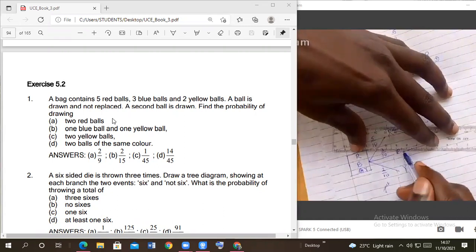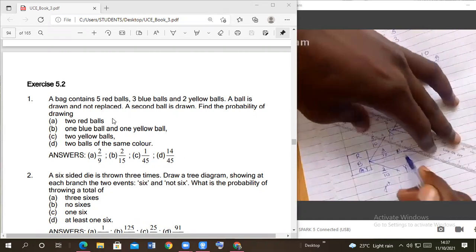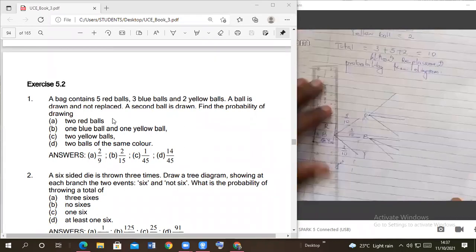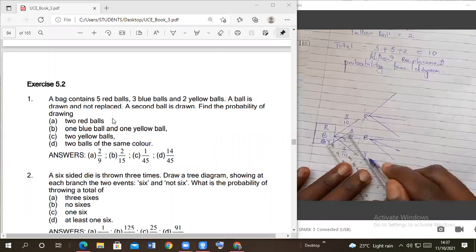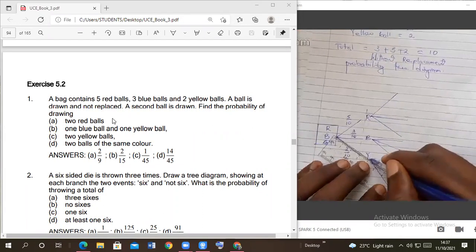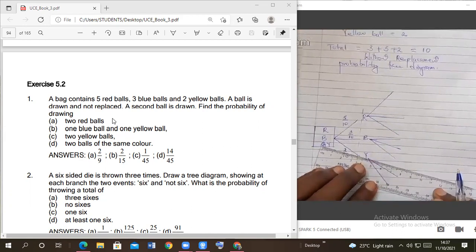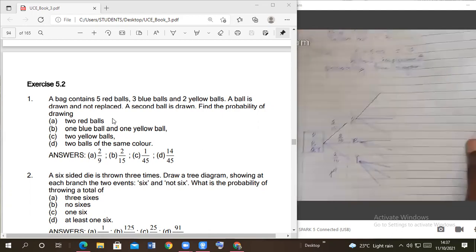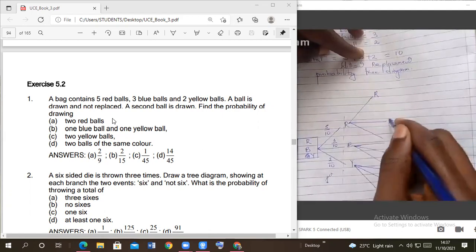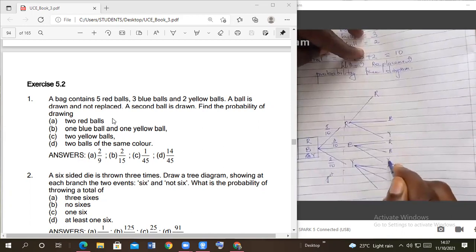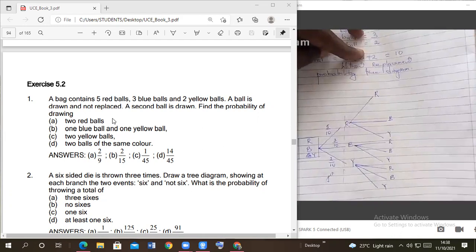I want to create 3 here. Like that. Okay? So this is it. Red, blue, yellow. Red, blue, yellow. Red, blue, yellow. Okay?